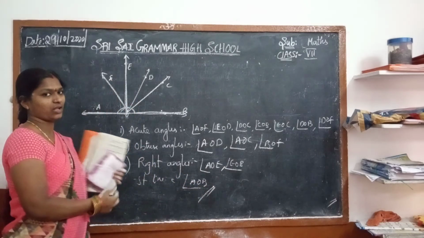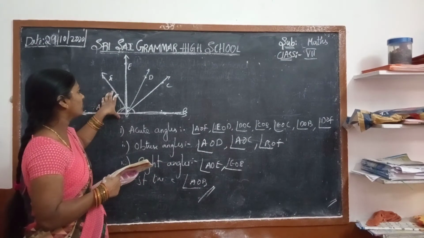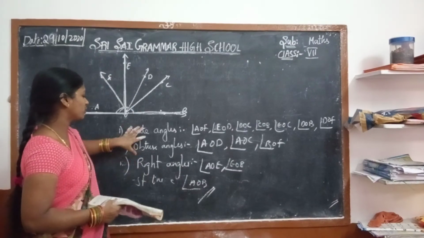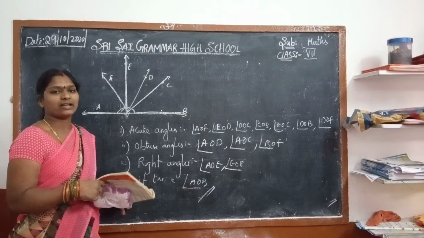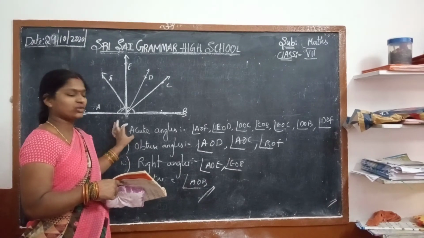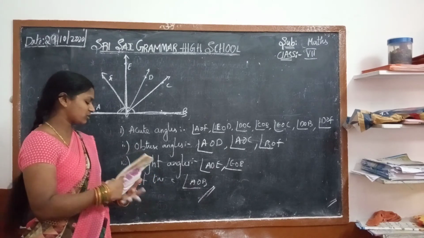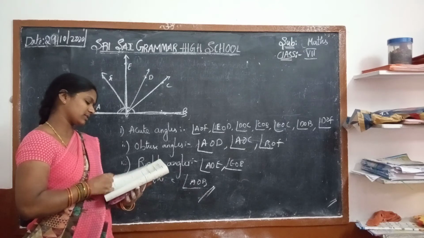Understood? These are the angles formed by the given figure: obtuse angle, acute angle, right angle, and also straight angle. Now, shall we move on?